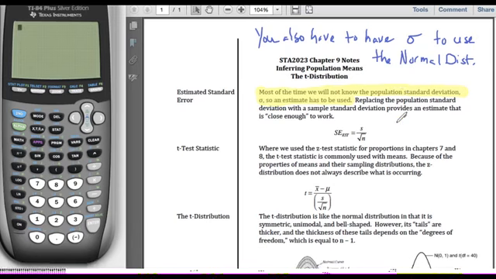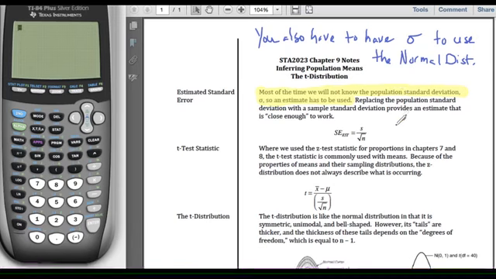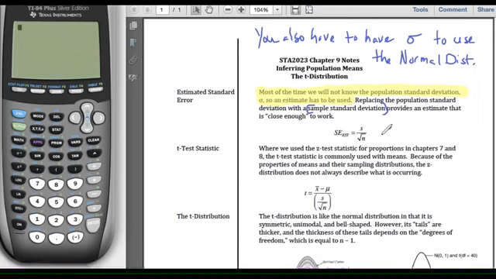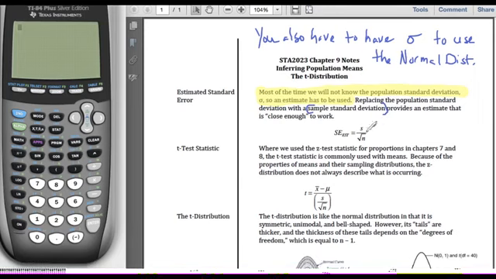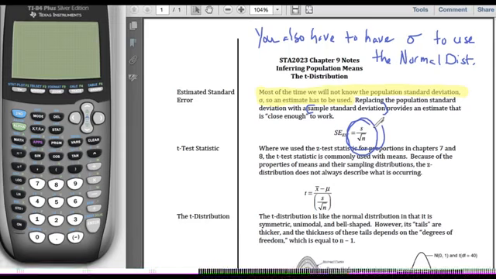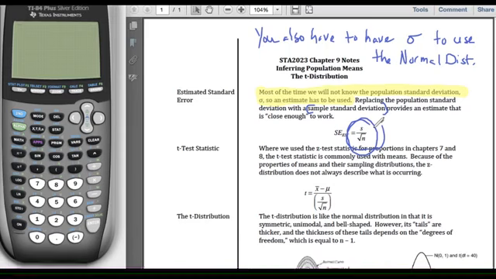We've already discussed in the second video for Chapter 9 that you can replace the population standard deviation sigma with the sample standard deviation, S, to provide an estimate that's close to work. So instead of sigma over the square root of n, you could use S over the square root of n. Now that's what's going to happen most of the time, because in statistics we're using a sample to make an assertion about the population.